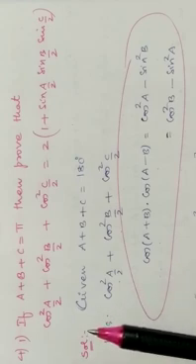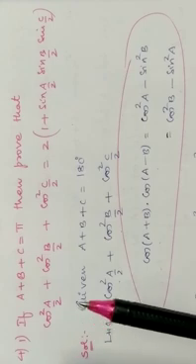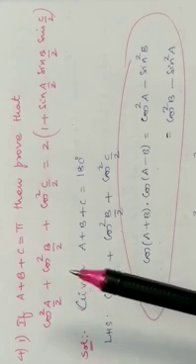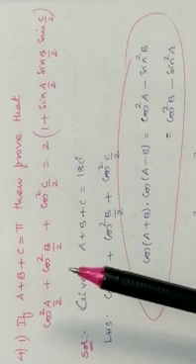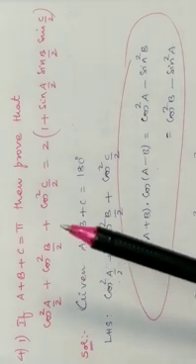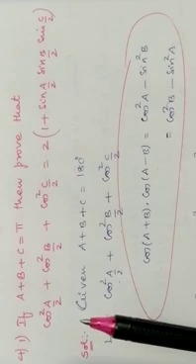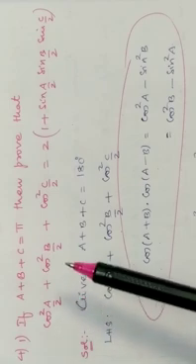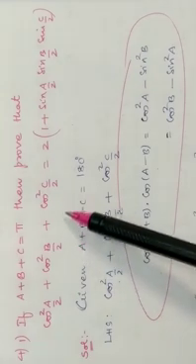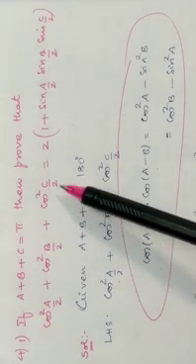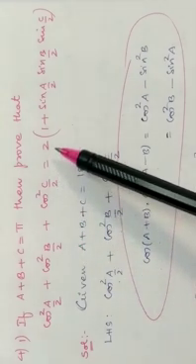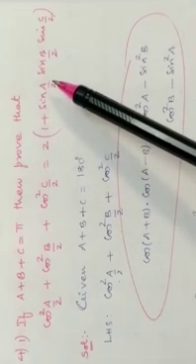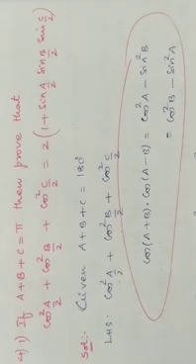If a plus b plus c equal to pi, pi means 180 degrees, then prove that cos square a by 2 plus cos square b by 2 plus cos square c by 2 equal to 2 into 1 plus sin a by 2, sin b by 2, sin c by 2.